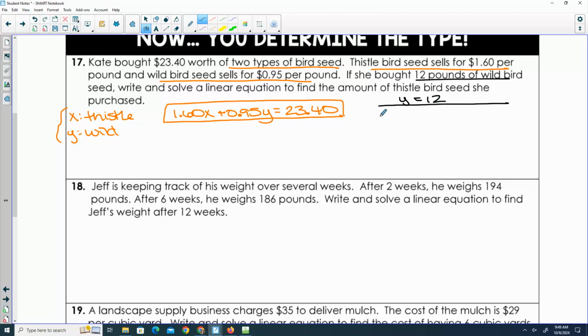So what this is telling me is my y is 12. If you're having trouble plugging it in, it's usually because you're not showing enough work. So we have $1.60x plus 0.95 times 12 equals the 23.40. $1.60x plus 11.4 equals the 23.40.